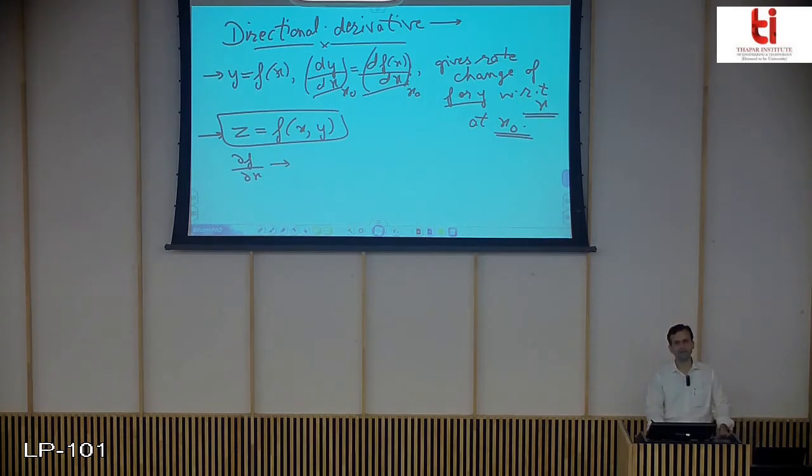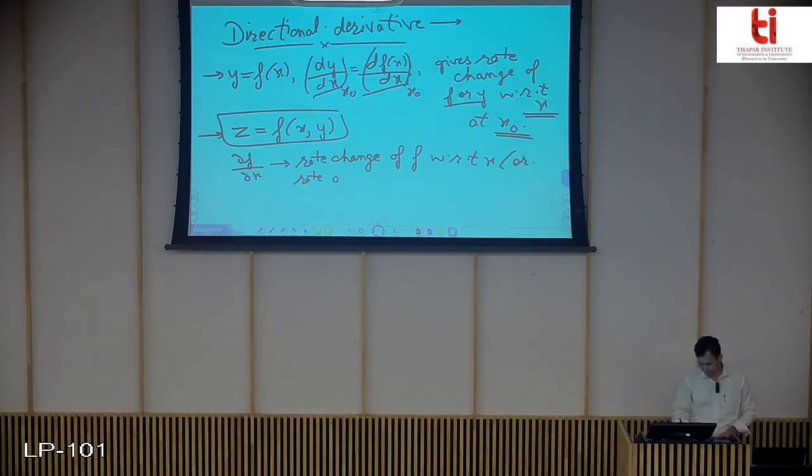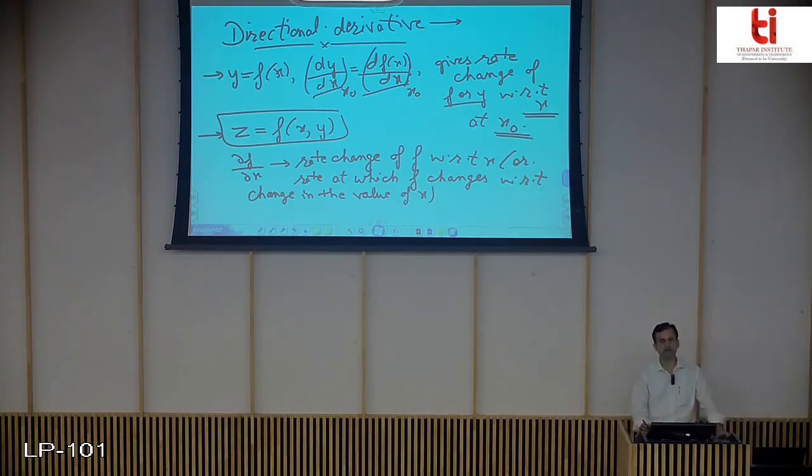Now the partial derivative of f with respect to x gives you the rate change of f with respect to x, or I can also write it as the rate at which f changes with respect to change in the value of x.